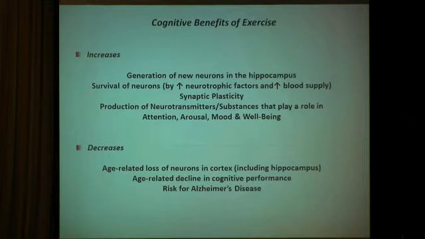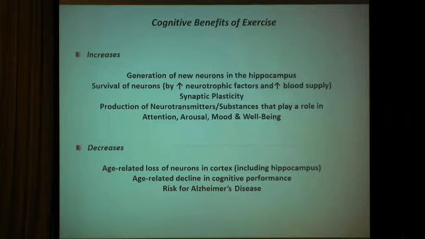Cognitive benefits. Okay, this is the real message today. Exercise is one of the only things that has been discovered that increases the generation of new neurons in the hippocampus. So there's a low level of what we call neurogenesis in the hippocampus.